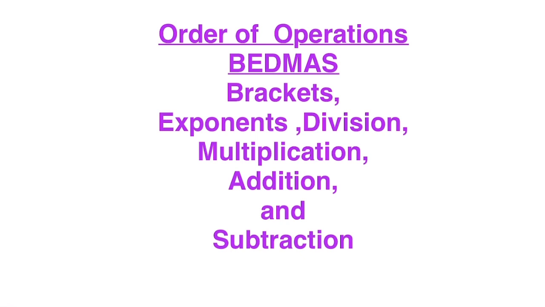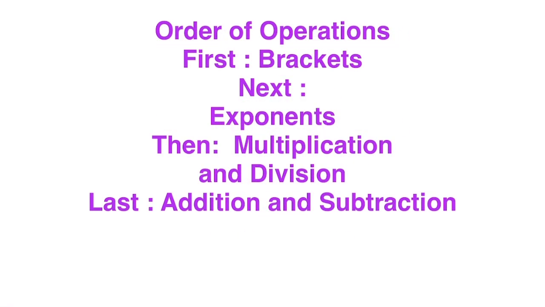B for brackets, E for exponents, D for division, M for multiplication, A for addition and S for subtraction. Let's practice step by step. First do brackets, next do exponents, then do multiplication and division, and last do addition and subtraction.